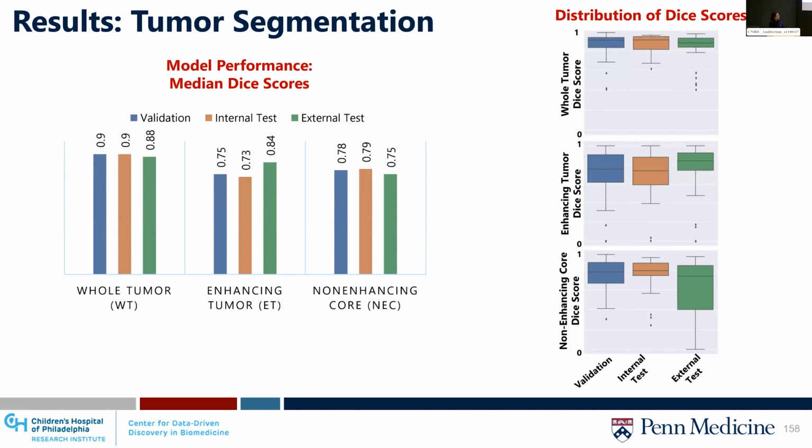And our tumor segmentation model also showed a high performance on whole tumor segmentation on the validation set, which was reproduced on the internal test set and generalized on the external test set. For enhancing tumor and non-enhancing core, we had a slightly lower but still highly accurate model.